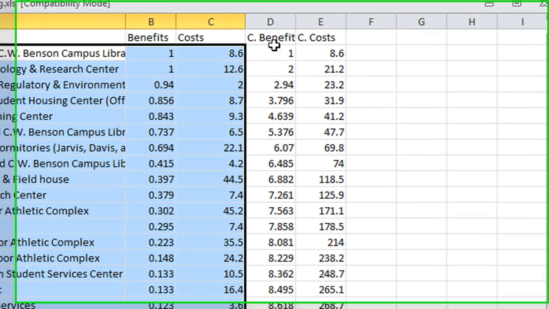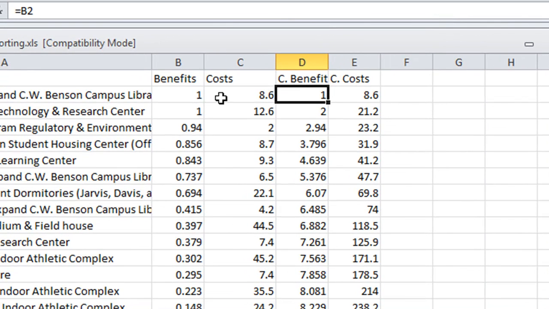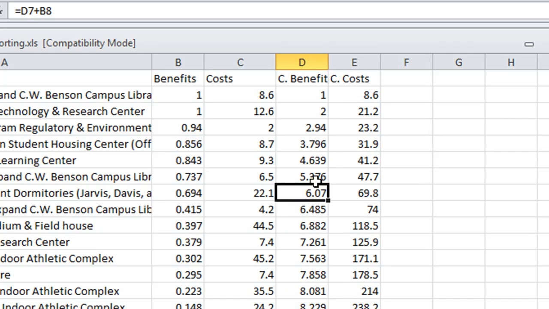And then what I did is I added another column in called Cumulative Benefits, another one called Cumulative Costs. And I put a formula in, Cumulative Benefits equals B2 here, this one equals the one above, plus this, and just grab this with the mouse, copy it down, so that each of these cells has the benefit of the one above, plus the additional project that's coming in if we were to select it. And we do something similar for costs.